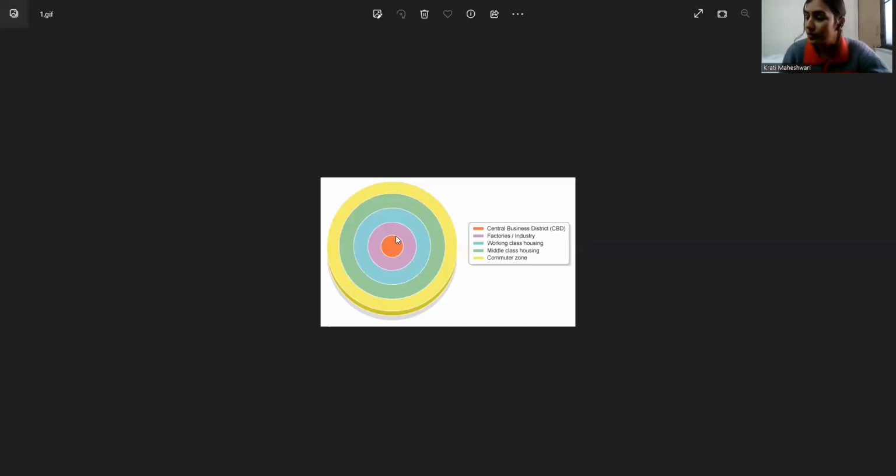Then we find that after the central business district, there are factories and industries. So this is essentially the secondary economy when we talk in terms of economy.